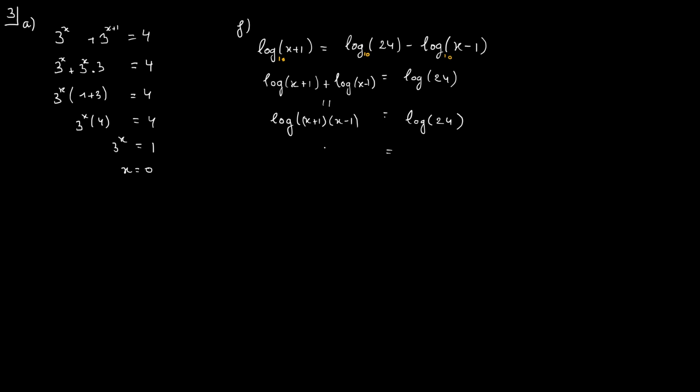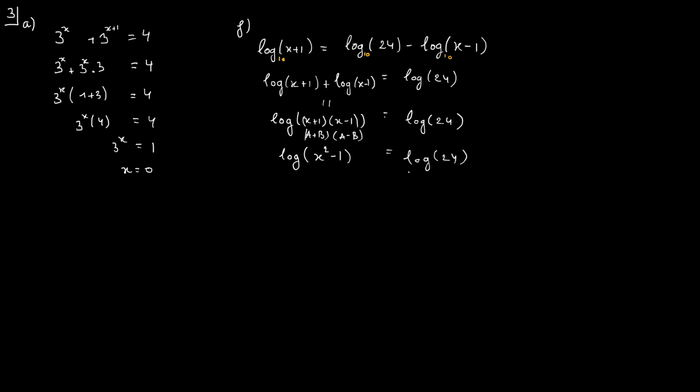Let's simplify it a little bit, and what do we find? Well, we find that log(x squared minus 1) is equal to log 24, by just working this out with the distributive property, or you could actually see that these are complements of one another. Remember the (a + b) times (a - b).